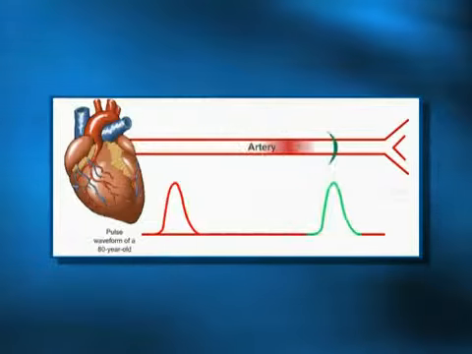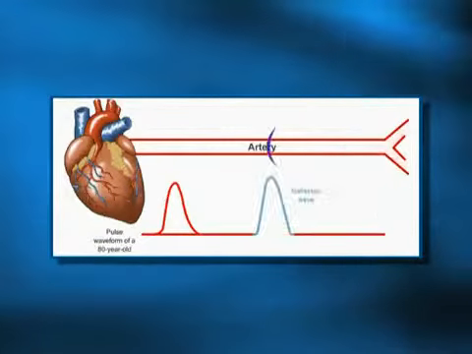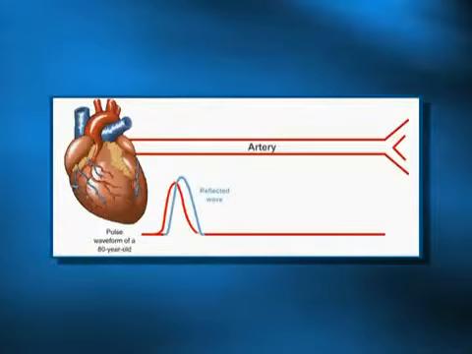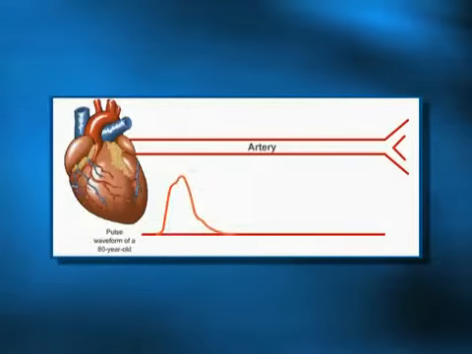Now if you were to look at an 80-year-old, you see a very stiff artery, and when the heart pumps, the wave travels so fast that it comes back right at you in the systole. So the wave goes up and is then augmented, or increased, by the reflected wave, and you spend about two thirds of the time overcoming the wave and one third of the time resting and getting the blood.